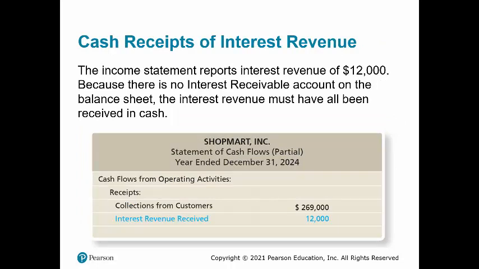The income statement reported interest revenue of $12,000. Because there is no interest receivable account on the balance sheet, we know that the entire amount of interest revenue must have been received in cash. So the statement of cash flows should show interest received of $12,000.